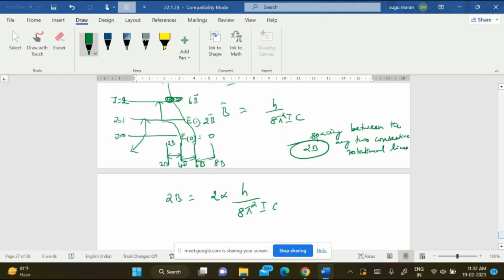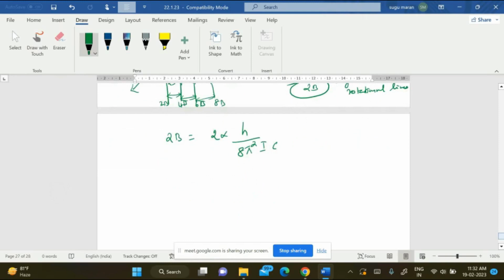So what is then B? B is half of it. By knowing this, I can find out the B value, and by knowing B, I can find out the I value. The unit will be kilogram meter squared. We have done many problems. From the I value, with I equal to mu r squared, I can calculate the internuclear distance.